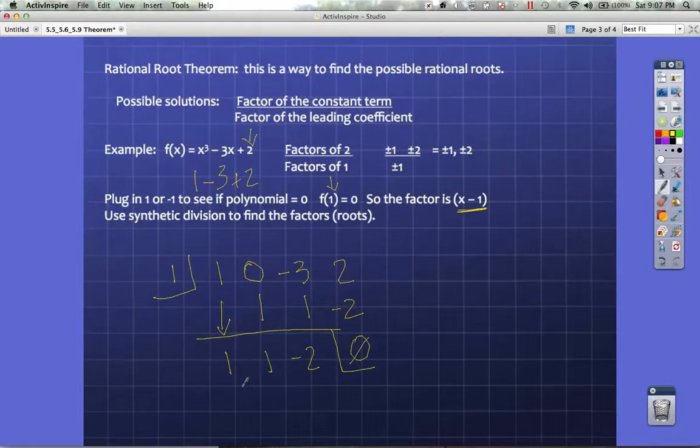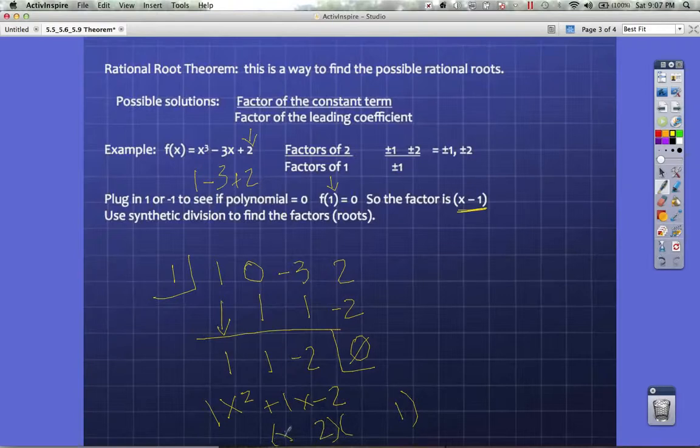So remember, it's 1 degree less, so that's going to be 1x squared plus 1x minus 2. All right, see if we can factor this. Factors of 2 that subtract to be 1, 2 and 1.